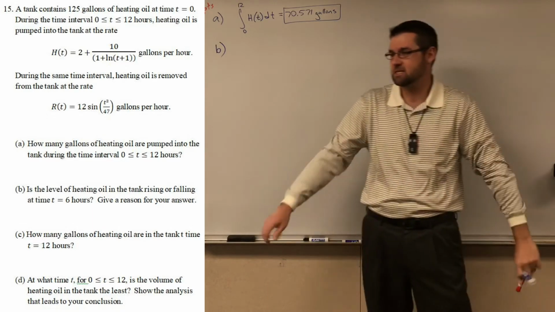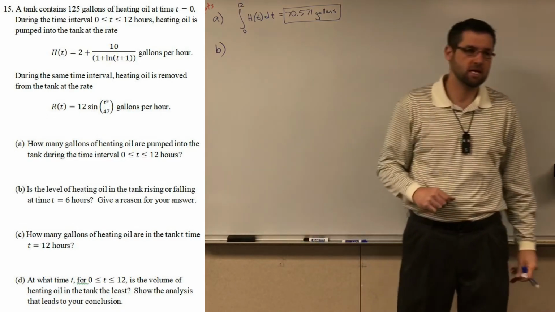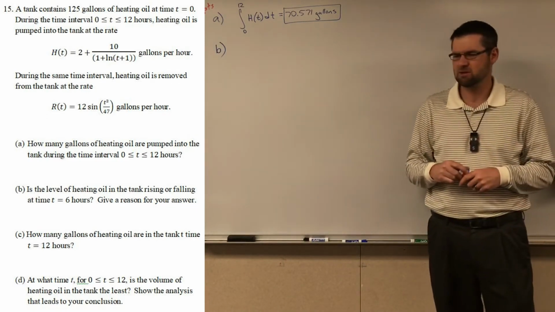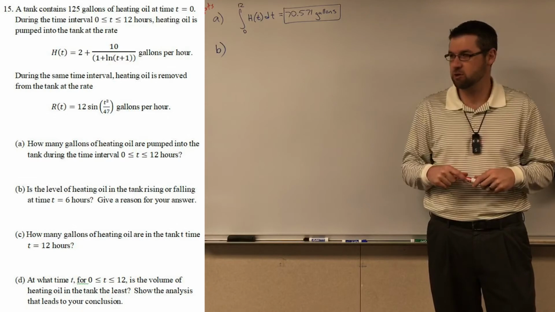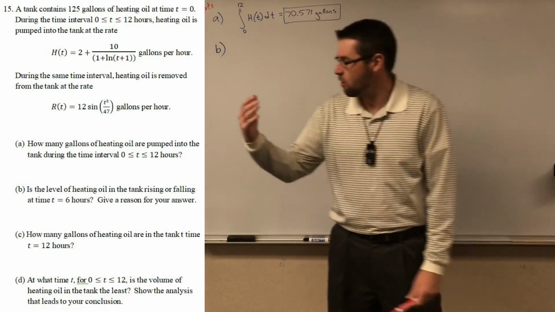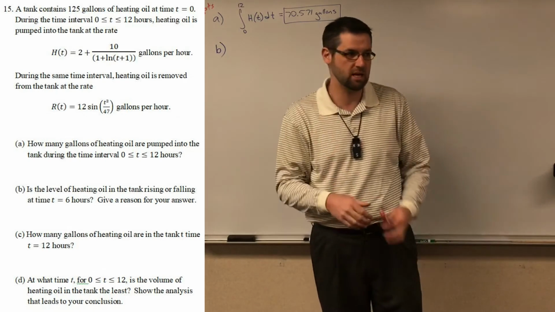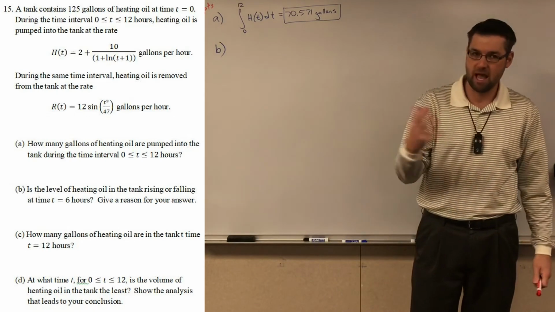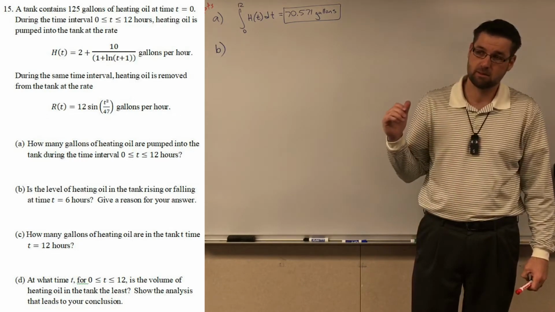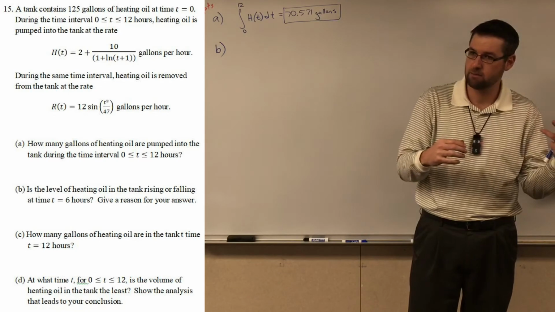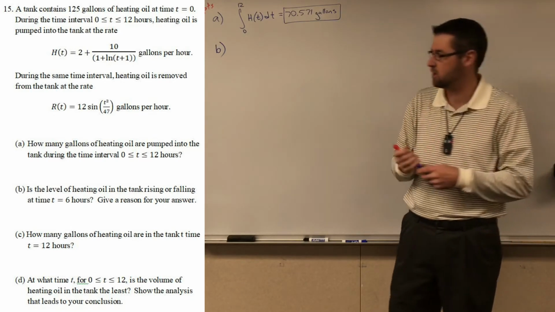If the rate in is 10 gallons per minute and the rate out is 7 gallons per minute, what's the overall rate? 3 gallons per minute, which means the amount of oil is increasing because there's more going in than going out, right? Or it's entering quicker than it's exiting.